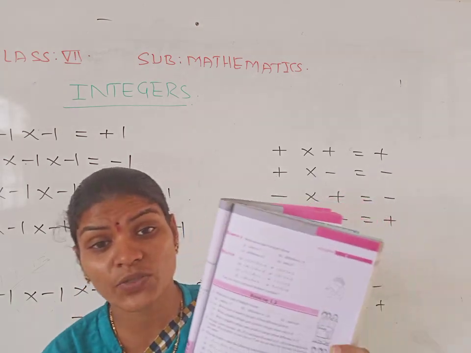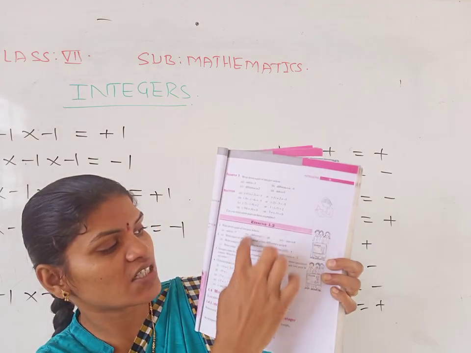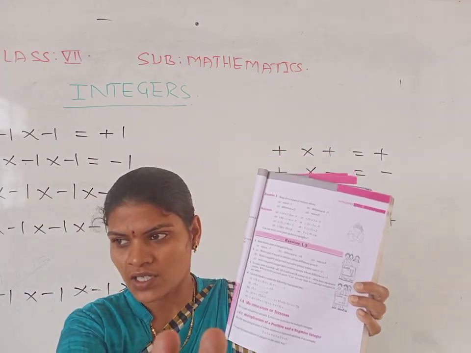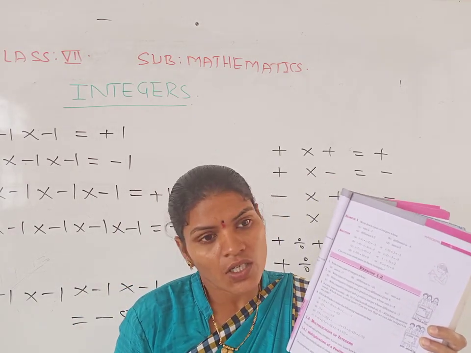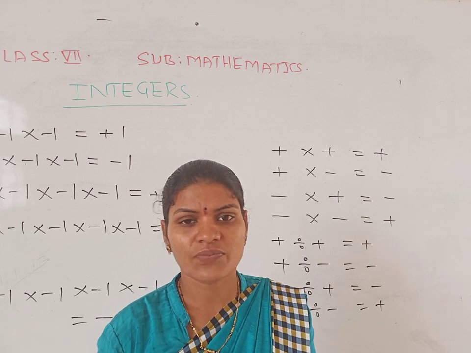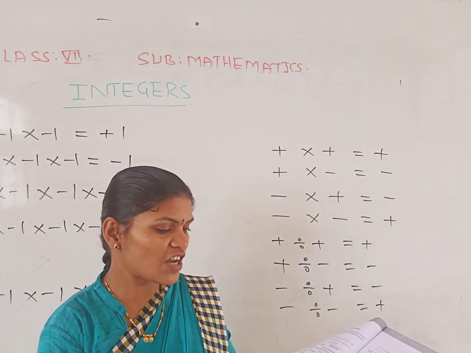So what's your homework? Exercise 1.2, page number 9, just 4 questions. Tomorrow is Saturday, then Sunday also we have time. No problem. If you solve 1.2, you can solve 1.3 also.